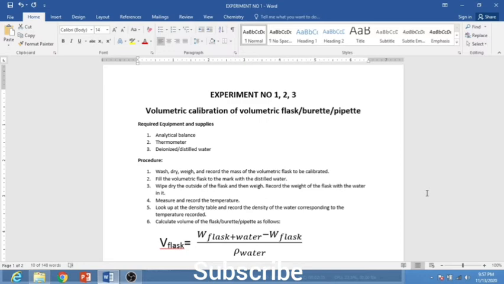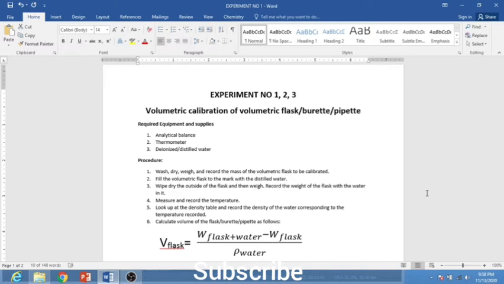So if you have a 100 ml volumetric flask, it must hold 100 gram. Or if you take 5 ml from a burette, it must be 5 gram. Or if you take 10 ml from a pipette, it must be 10 gram.